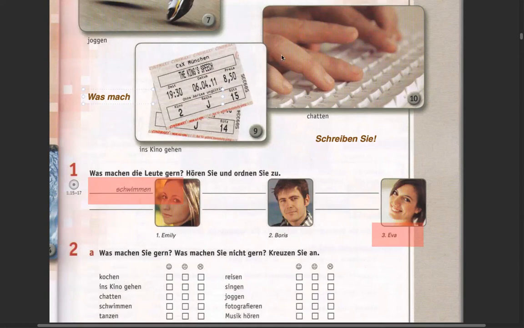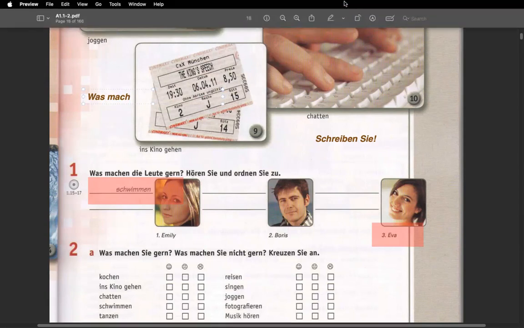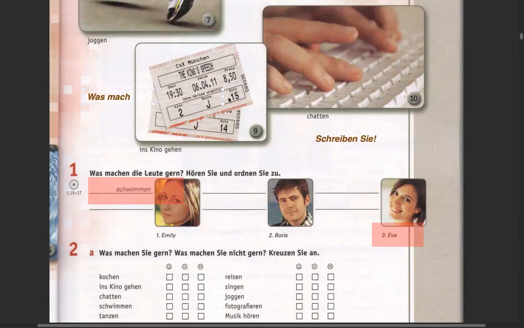Aufgabe 1. 1. Hallo Emily, ich mache ein Interview über Hobbys. Sag mal, was machst du denn gerne? Also, ich schwimme gern und ich jogge auch oft, besonders im Sommer. Zwei. Hallo Boris. Hallo Maja. Sag mal, Boris, chattest du gern?